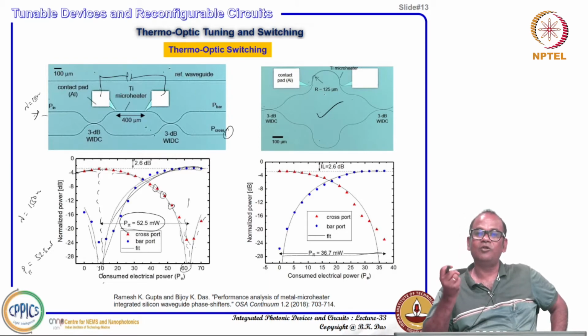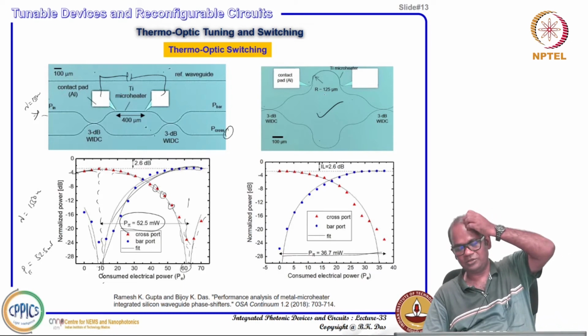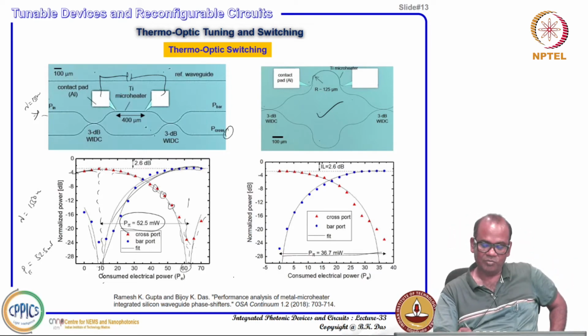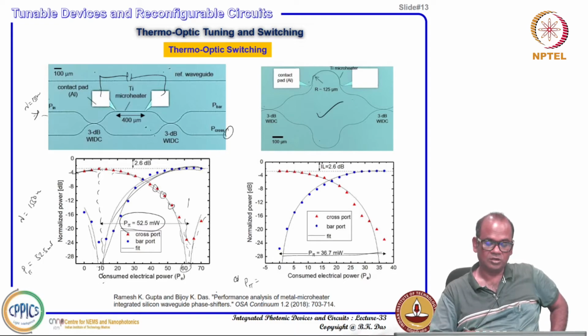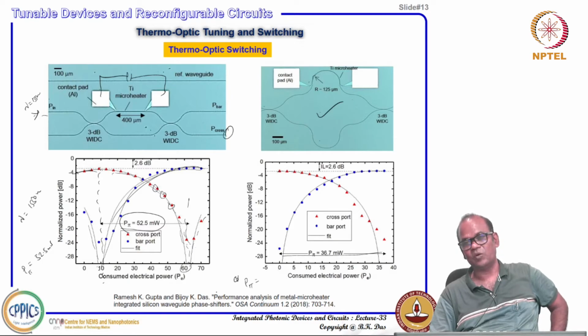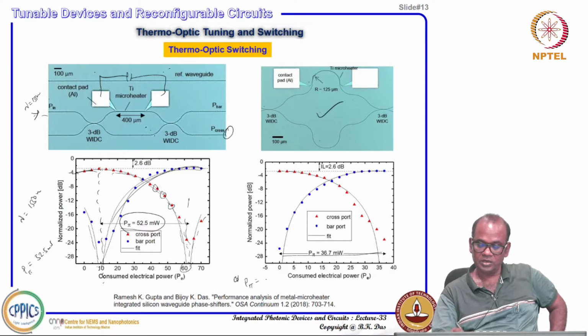That is why you need low power consumption for a certain temperature rise, and in turn your P pi, that means the power required to get a pi phase shift, is much lower, at least 1.5 times lower, about 36.7 milliwatt.